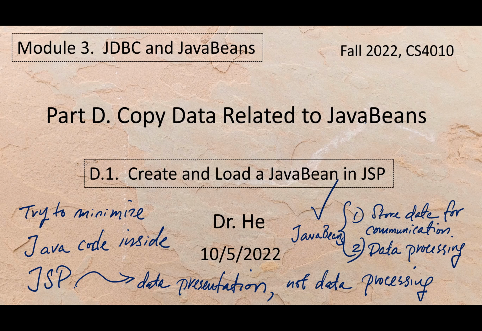We try to add power to JSP. Today we will finish module 3. Then starting from module 4, I will introduce a few more technologies that we can add into JSP for efficient data manipulation.